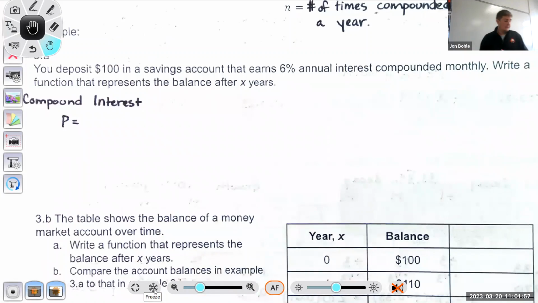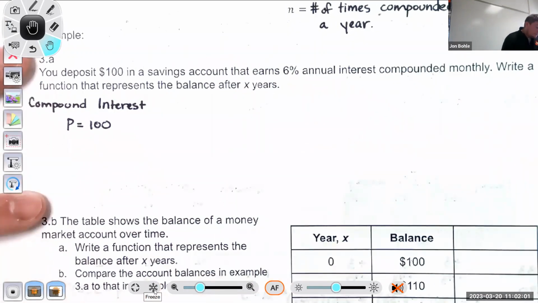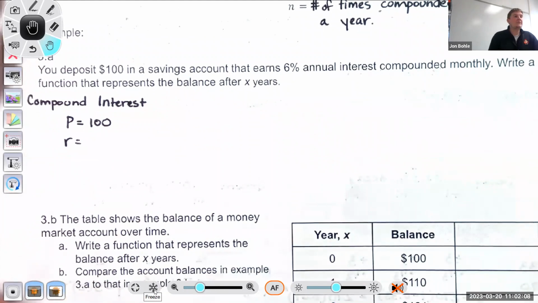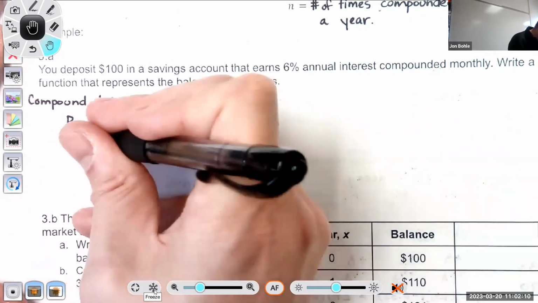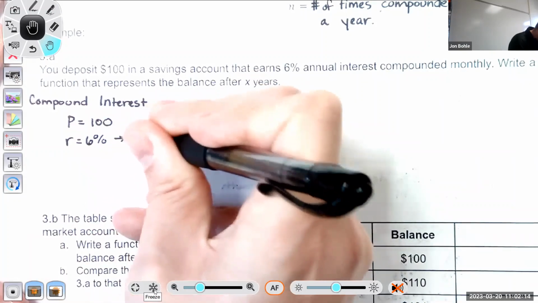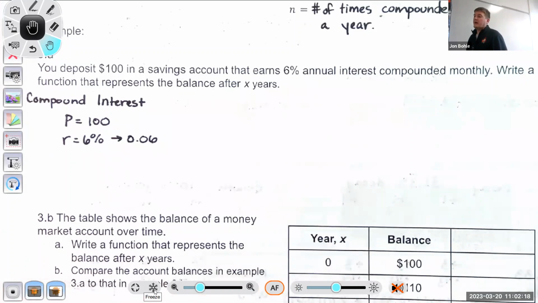What's that? $100. R, the rate. What percentage am I using? Okay, 6%. That's good, but we need the decimal. So 0.06. Take that number divided by 100, that would be your percentage.